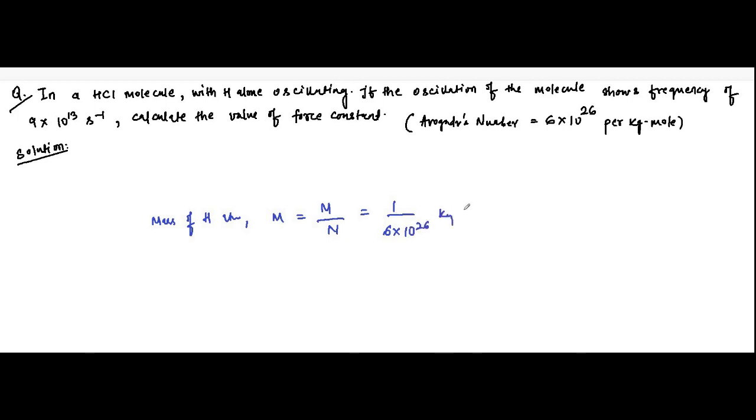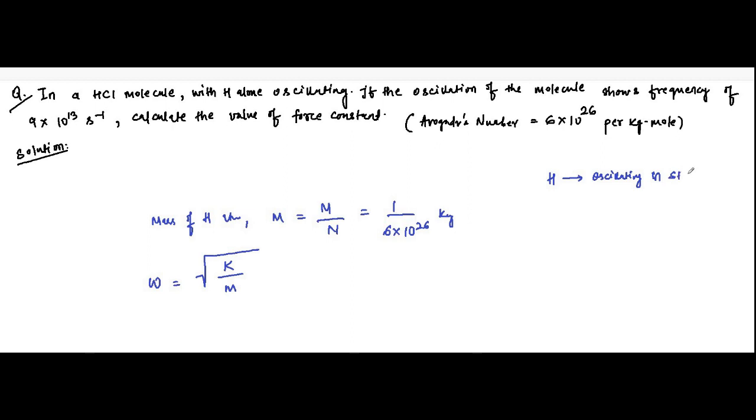This much kgs. Then we know that for SHM, simple harmonic motion, the angular frequency is given by the force constant divided by the mass of the object or the particle. Here the mass which we are considering is the hydrogen atom, because only H is oscillating in SHM as per the question.